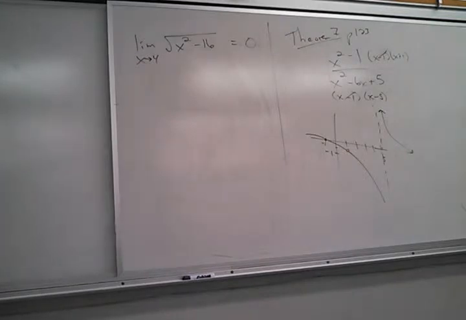At -4, is it continuous? Exactly why not? Function value is undefined, so it can't even equal the limit. Then does the limit exist at -4? Yes. Why? Because the limits from both sides agree.